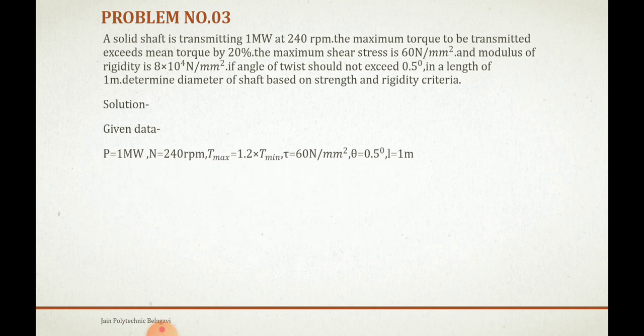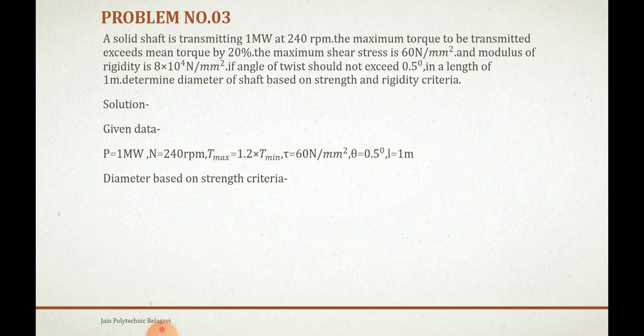Power is given, that is 1 megawatt. Speed N is given as 240 rpm. T max is 1.2 times T mean, since the 20% excess is already given. Tau is given as 60 newton per mm square. Theta is given as 0.5 degree in a length of 1 meter.